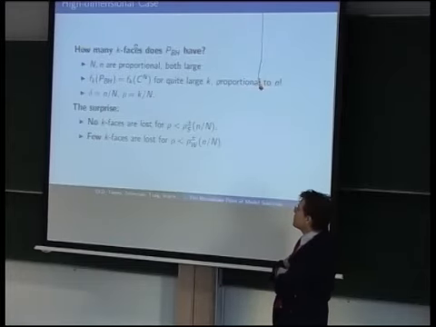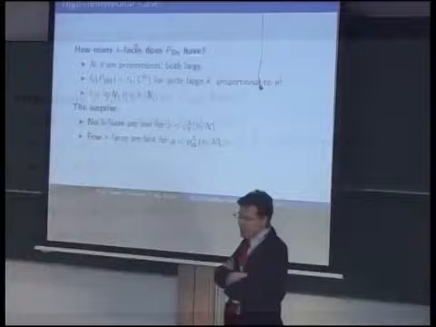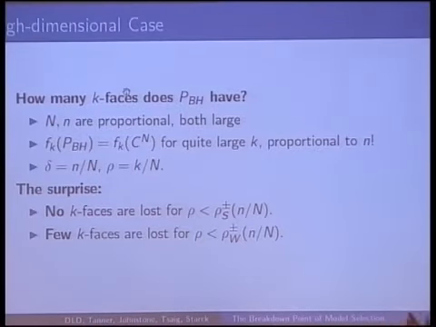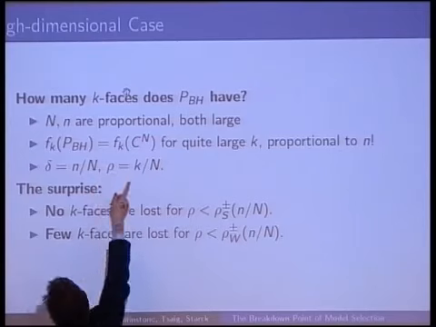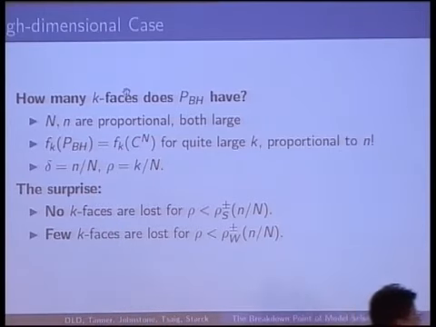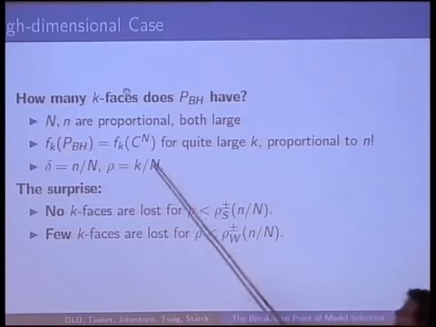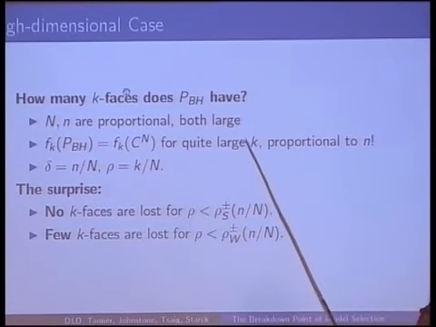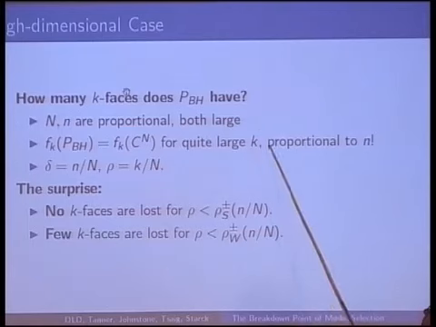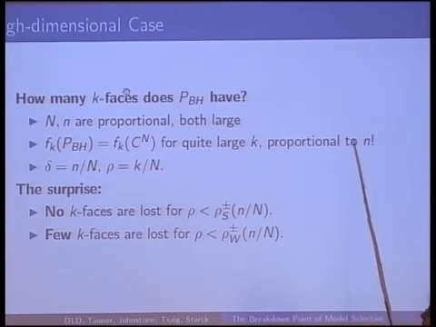So let's let these two, the n and N indices, be proportional and both very big. Then the following phenomenon happens. The number of faces of the low-dimensional object and the number of faces of the high-dimensional object are the same for sufficiently low-dimensional faces up to some point.